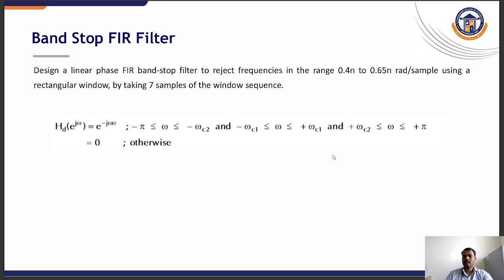The window method is a straightforward approach. It begins with an ideal frequency response like a perfect brick wall filter, and it uses an inverse Fourier transform to find its corresponding impulse response, which would be infinite in length. To make this more practical, the impulse response is truncated by multiplying it with a window function like rectangular, Hamming, Hanning or Blackman window. Here we are using a rectangular window.